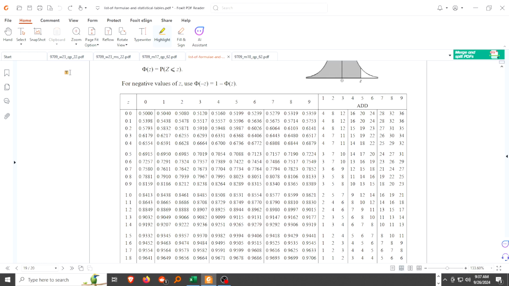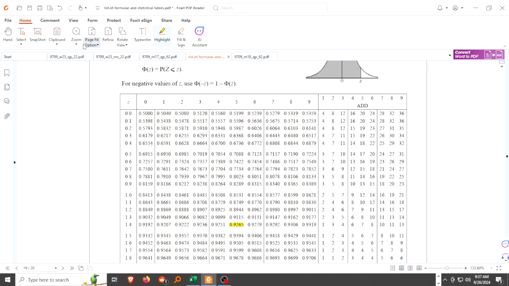Now we look for that probability, 0.9625, in the body of the table, and we find it here. So it corresponds to 0.9, no, that's not it, 0.96.